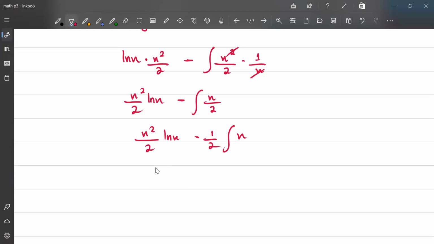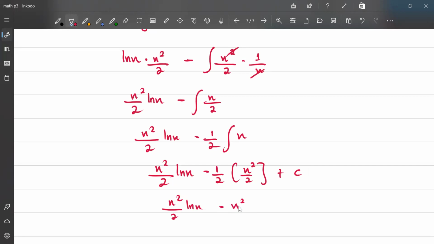All right. So this would be x squared upon 2 ln x minus 1 upon 2 x squared upon 2, and never forget to add plus c. So finally it would be plus c. This is the answer.